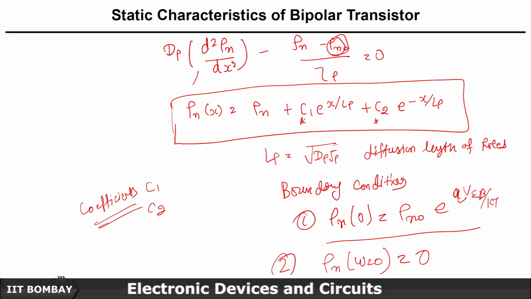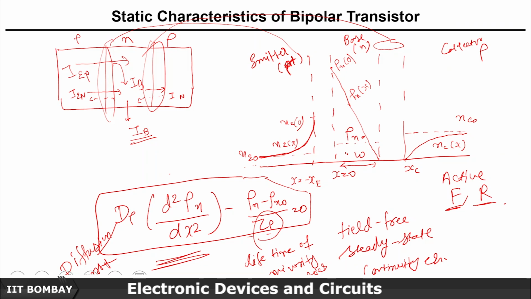These two are the important boundary conditions. The reason is that, because of the reverse bias at the base-collector junction, we assume the minority carrier concentration at the edge of the base-collector junction is 0.